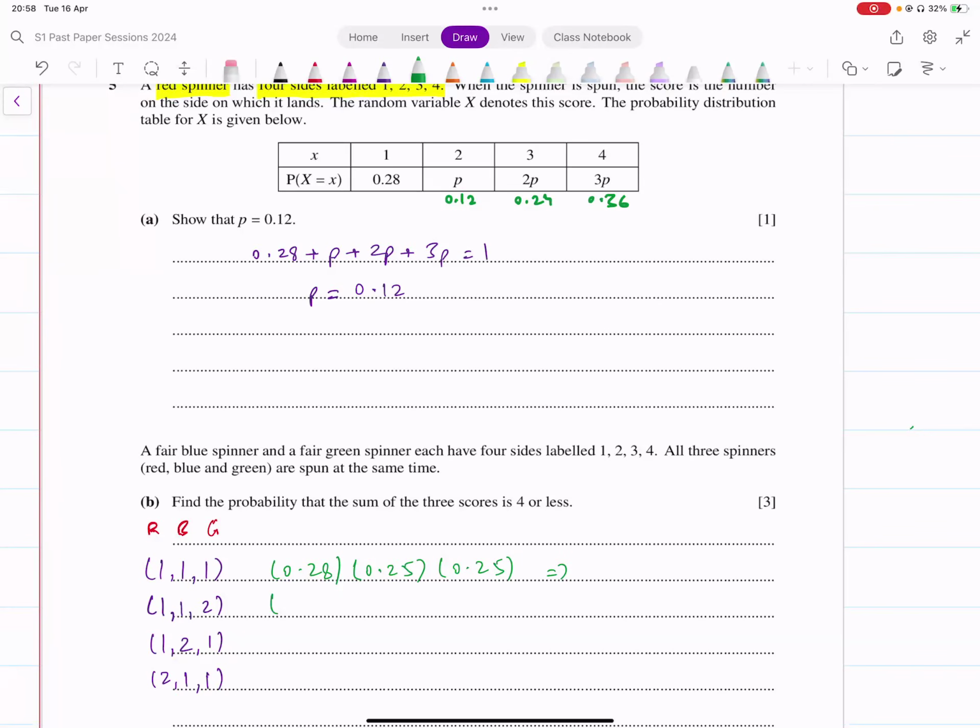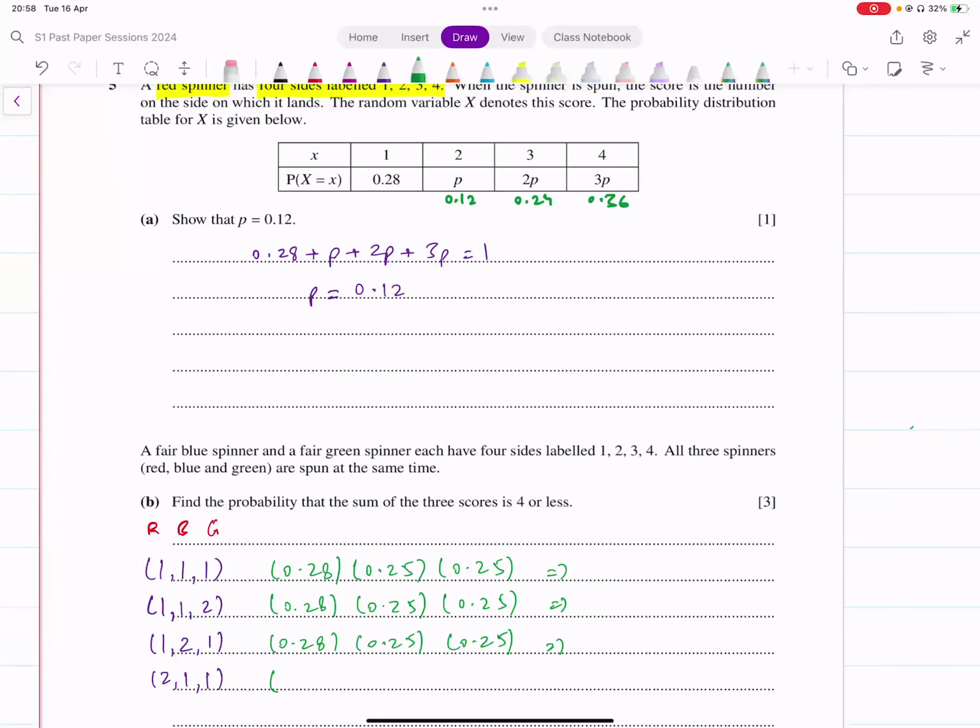Then 1, 1, 2. So you have 0.28 for red, and then 0.25 for blue. And for green, if you have 2 as well, that probability is still 0.25. Again, in the third case as well, we have 0.28, 0.25 into 0.25. The last case is going to be different because now we have 2 on the red spinner. That probability is 0.12.